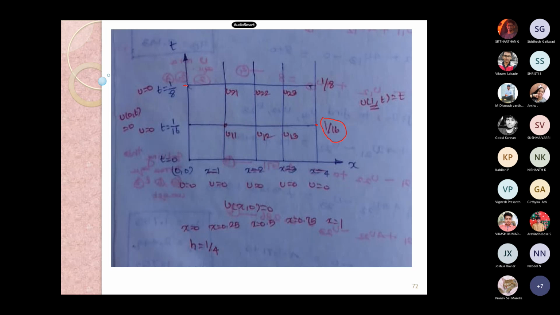Similarly, when t is equal to 1 by 8, the point returns the same value, since the boundary is given as u of 1 comma t equal to t.